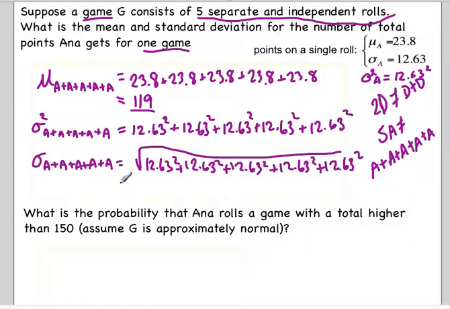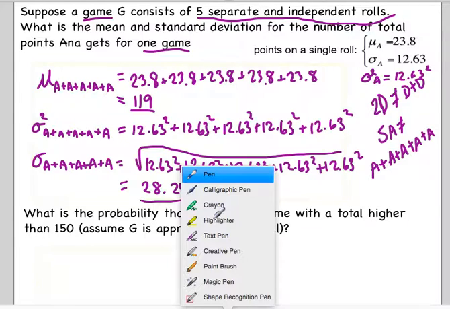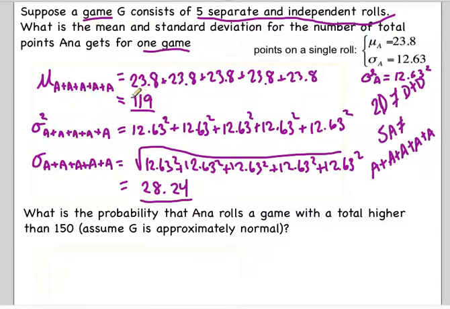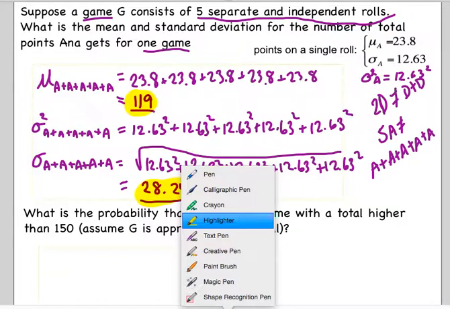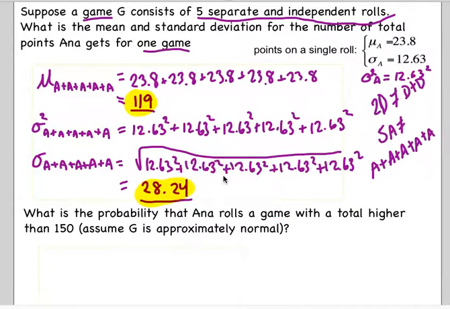Okay, typing all that in your calculator, you get 28.24. Okay, that is your standard deviation for one game. Whew. So this is the mean for one game. This is the standard deviation for one game.